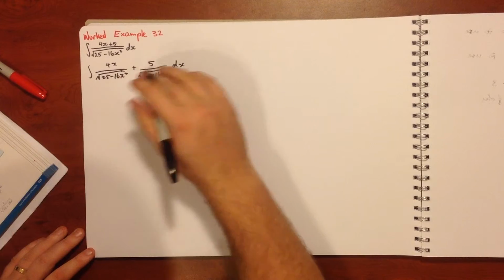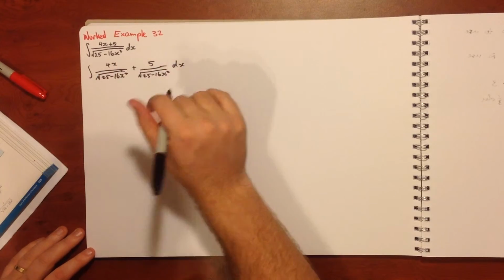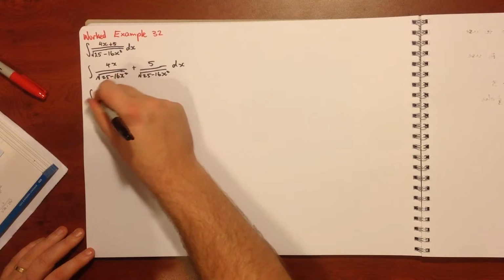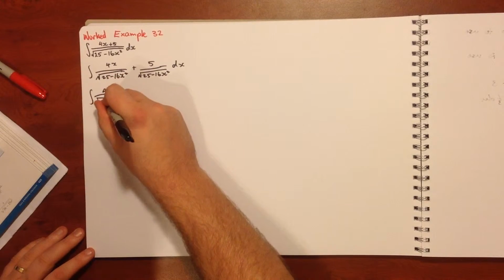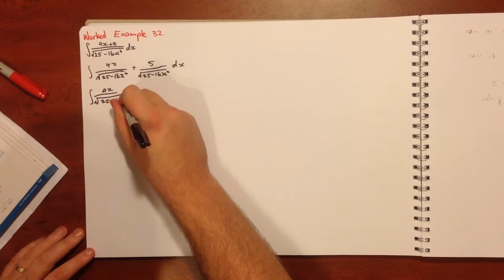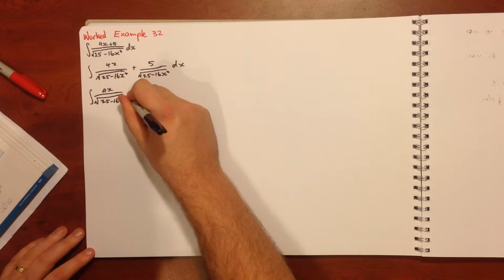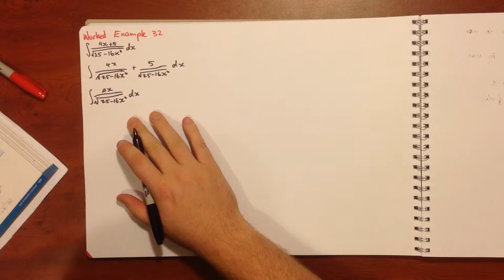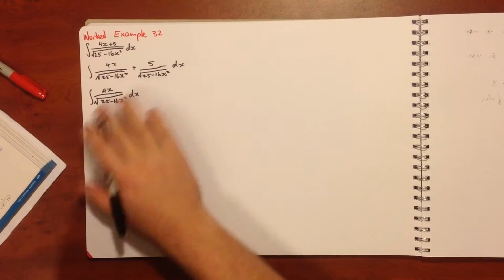Now, we can write it as separate integrals. So we're going to say that we've got the integral of 4x over the square root of 25 minus 16x squared dx. Now we're just going to worry about this part at the moment. We're going to leave the rest for a little while.